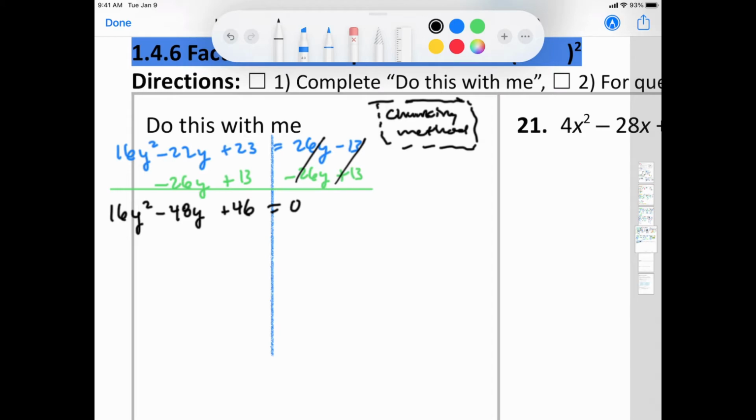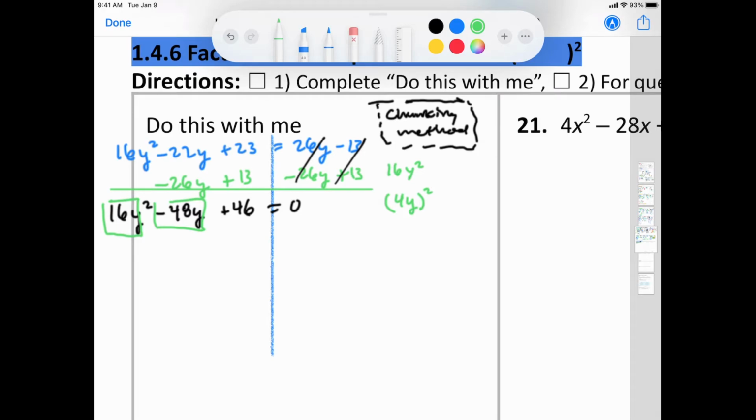So the chunking method says I take out this one and this one. 16y squared. And really this is 4y squared. Would you agree?